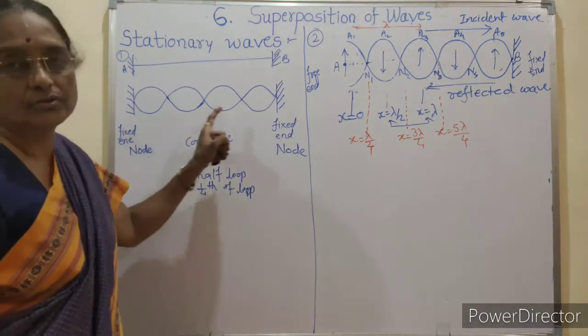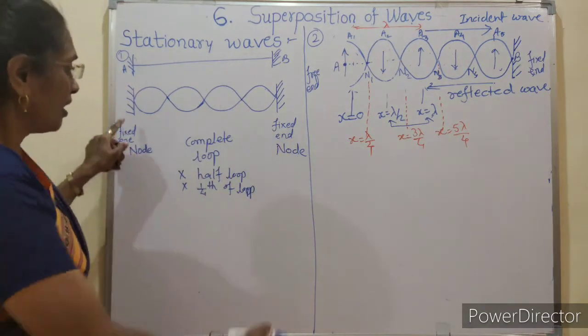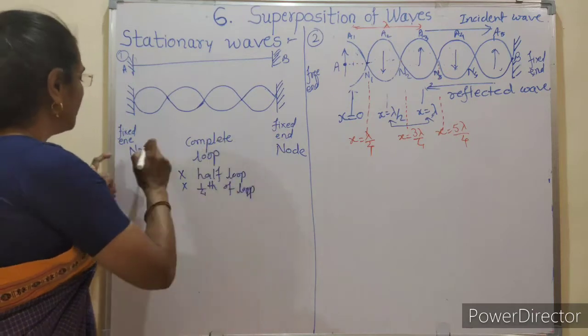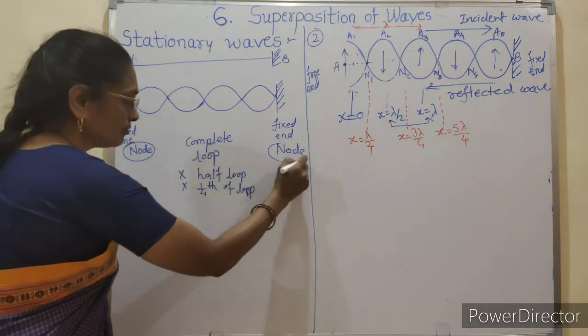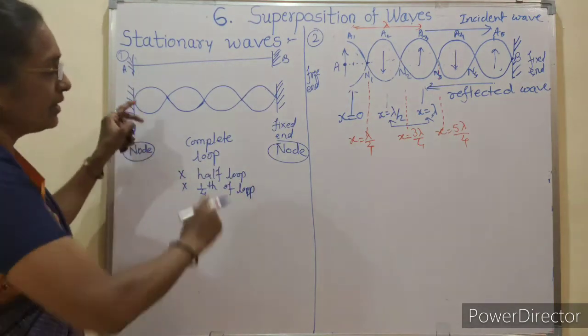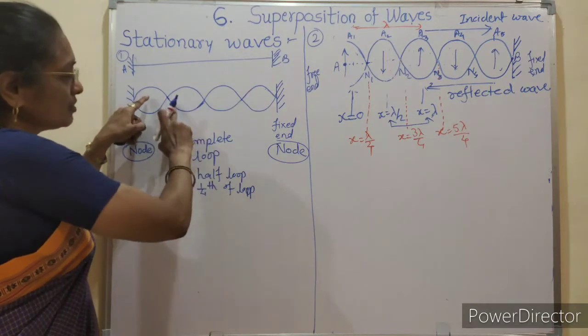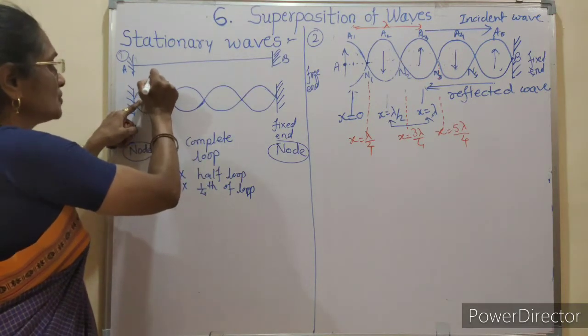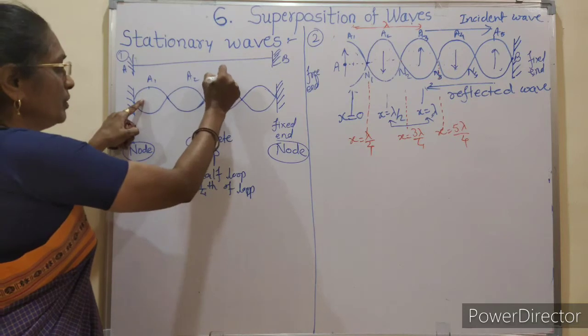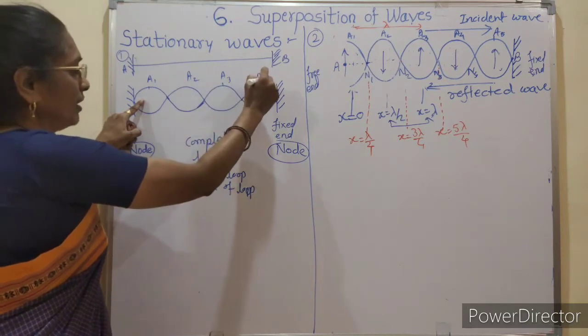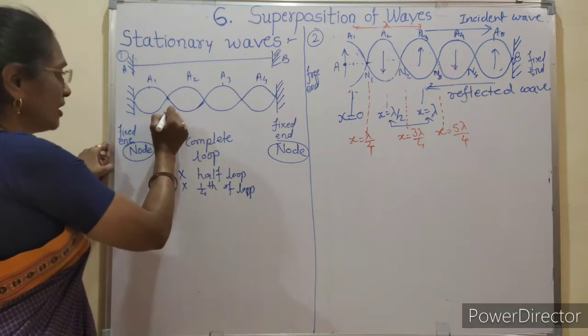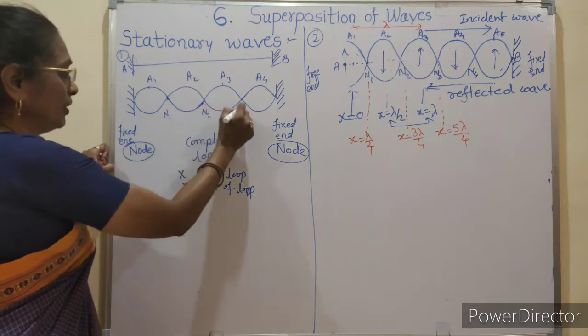At the fixed points, there is formation of node, means zero displacement point, and in between there are some points which are antinodes, suppose A1, A2, A3, A4. The nodes are like this, N1, N2, N3.